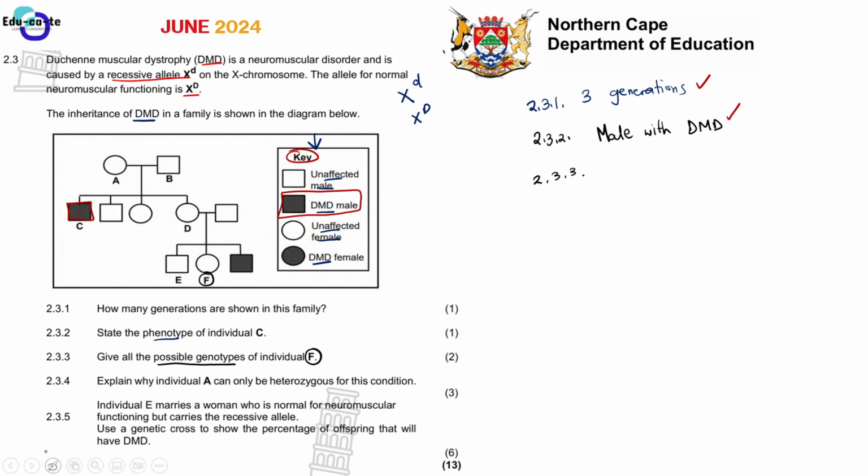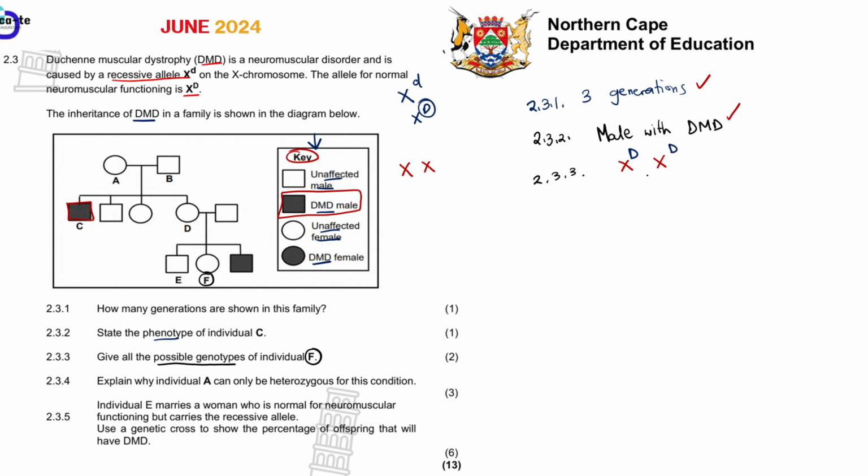Since this is a sex-linked inheritance, you must represent that she would have an X and X. So you write X, X. Now on deciding on the genotypes, the fact that the female is normal means that she must have the capital letter D. But it is possible for her to have 2 capital letter Ds, as in 2 dominant alleles.